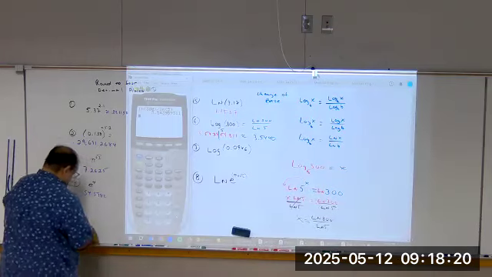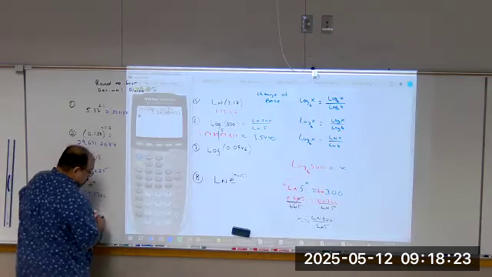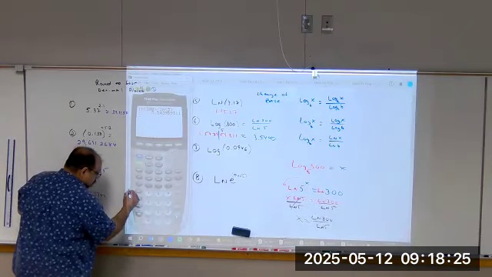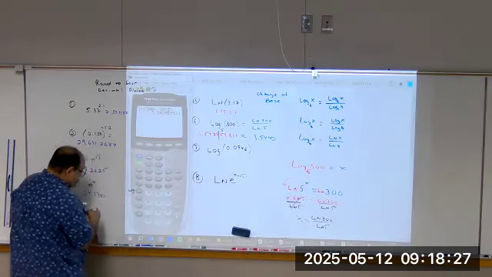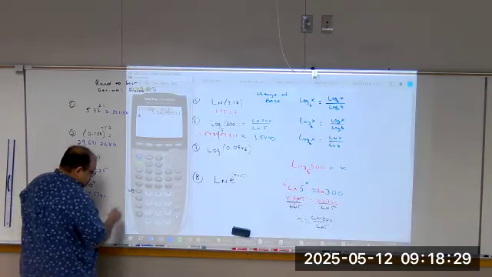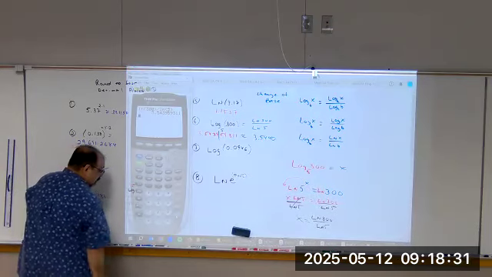And even here, when you see the LOG on the calculator, right above it is 10 to the x. That's the common log.